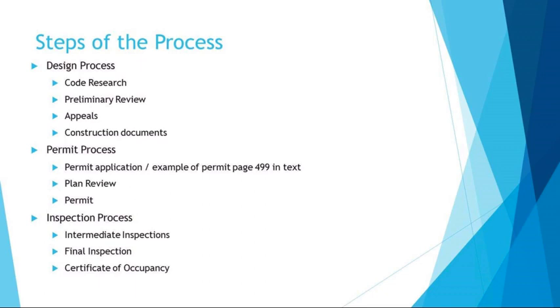The purpose of preliminary review meetings is to go over the major code issues and determine if the conclusions drawn from the research are valid. For example, discuss any code conflicts that you found during your research. Also ask the code officials if they have any concerns about the design or foresee any potential problems.